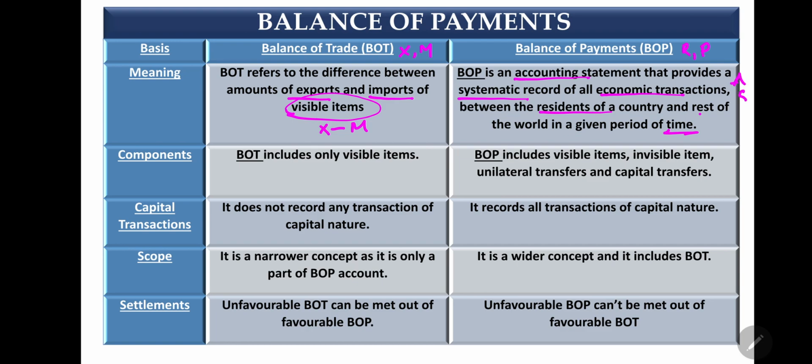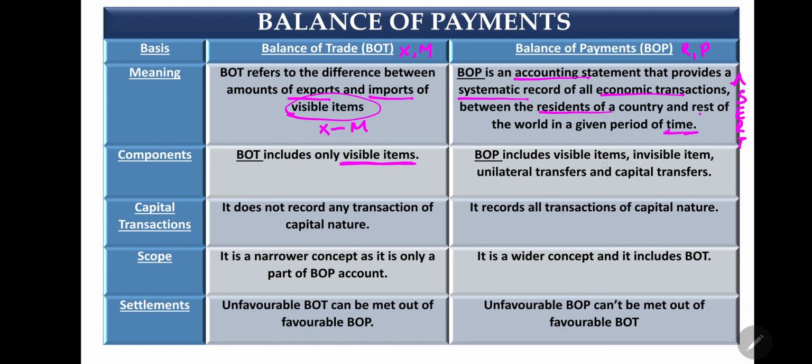That is the definition with which we started, that is the balance of payment, we are repeating over here. And we also understood that balance of trade is only considered for visible items, and visible items are those items which can be measured, touched, they occupy space.